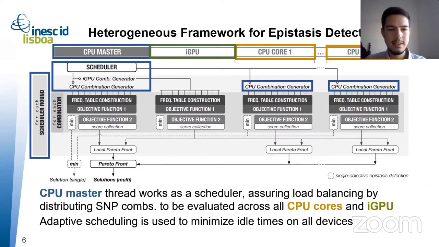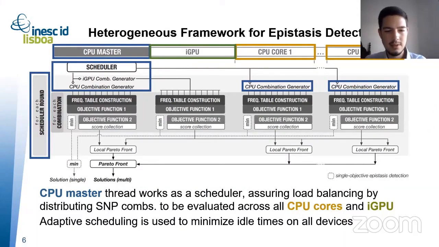First of all is the CPU master, which contains a scheduler, and this scheduler is responsible for going through every possible combination of SNPs to be evaluated and assigning them either to the integrated GPU or the CPU cores. This is done by, for the CPU cores, assigning an initial combination that will be iterated upon, and for the integrated GPU, assigning a vector of combinations that will be received by the GPU.